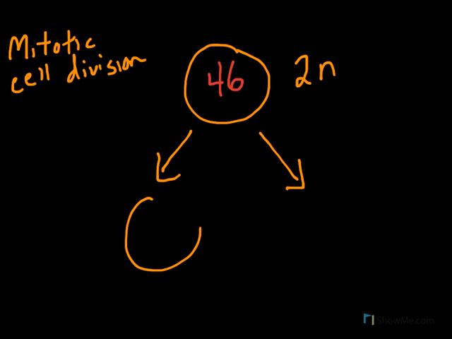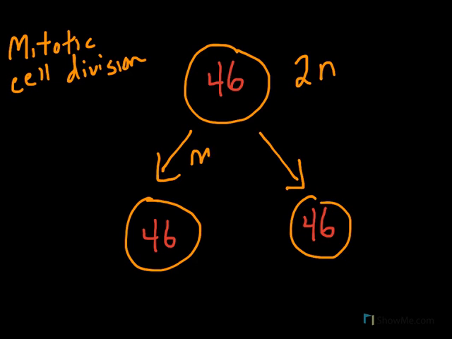And we'll just put them down here. This will be a little smaller, but they will have 46 chromosomes in each of their nuclei. And this is mitosis right here. So this right here is mitotic cell division, or mitosis.